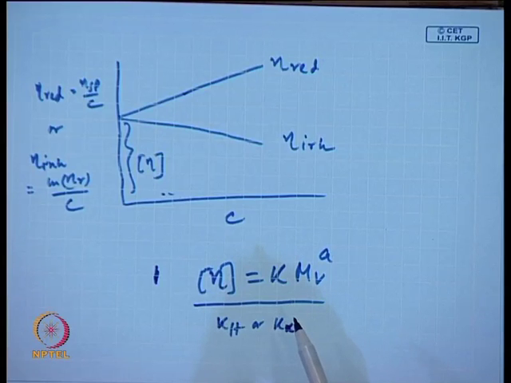So, with this we conclude the discussion on determination of molecular weight by the viscosity method. Remember, whatever we are doing in this determination, there are a few precautions you have to take. You have to make the solutions to determine the intrinsic viscosity such that the concentration is very low.